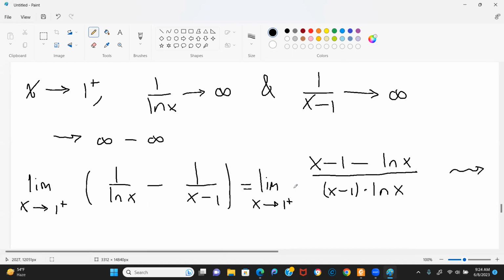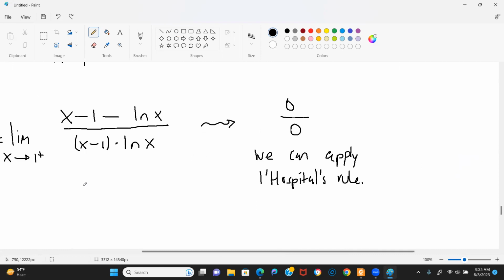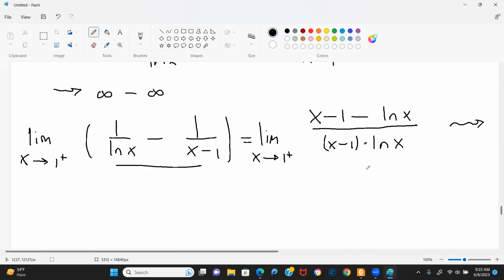So we get one of the primary indeterminate forms, so we can apply L'Hopital's rule to this expression right here. Can't apply it to the original expression, but we can manipulate the original expression into something where we get the right indeterminate form. So we're going to differentiate the numerator and the denominator separately.